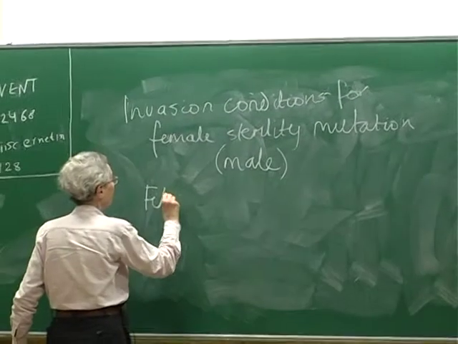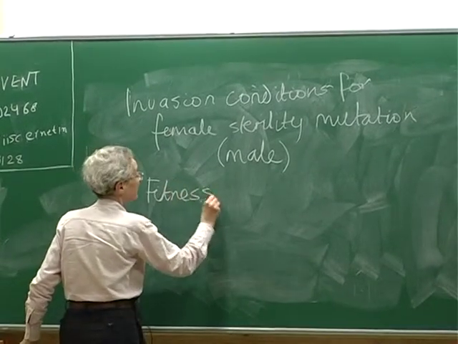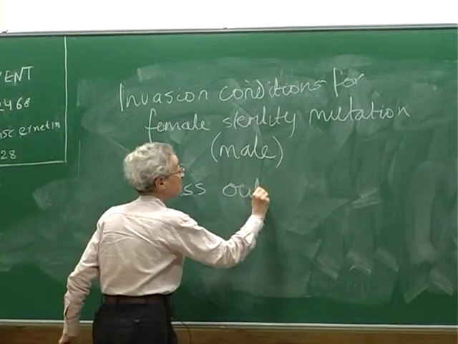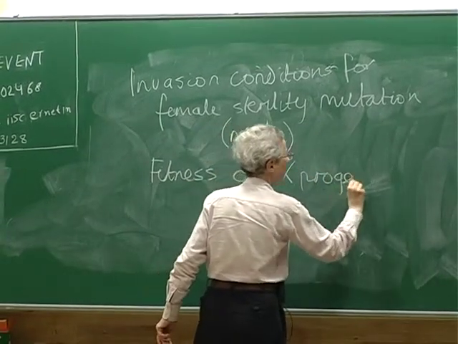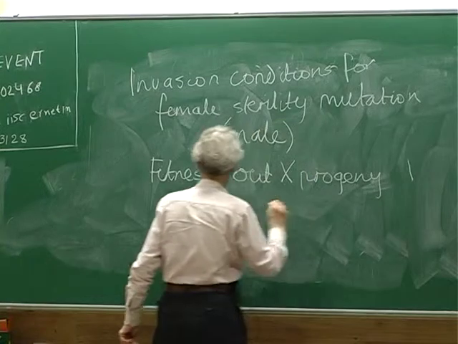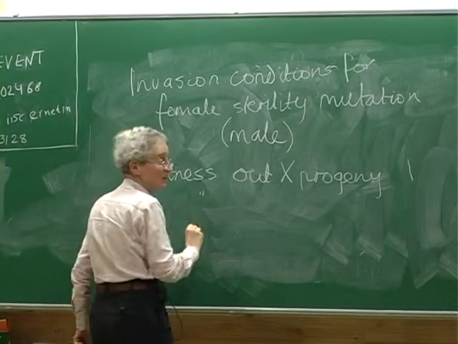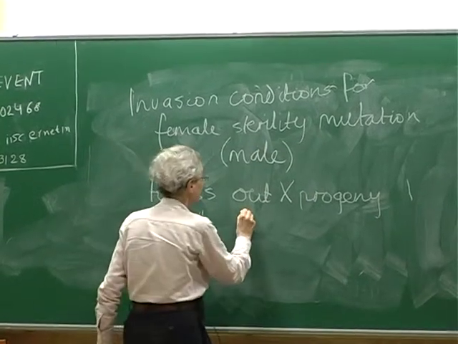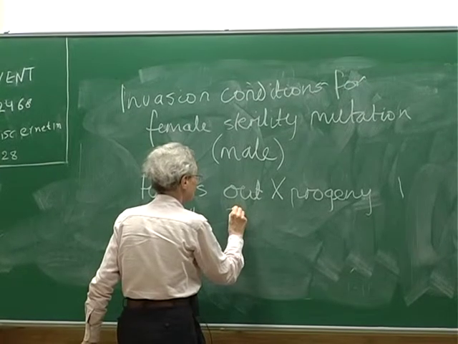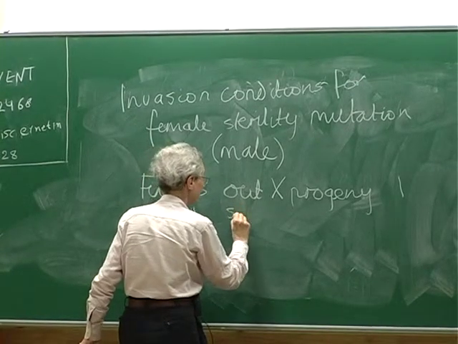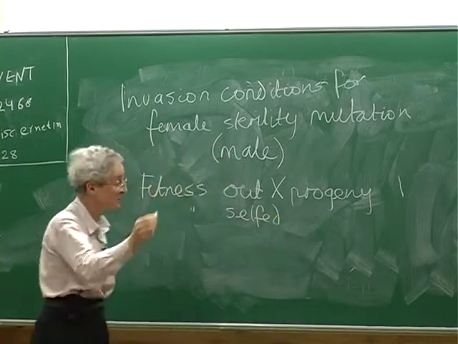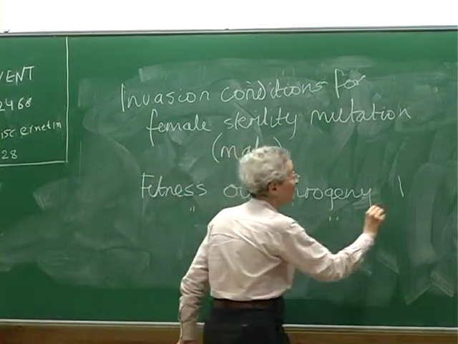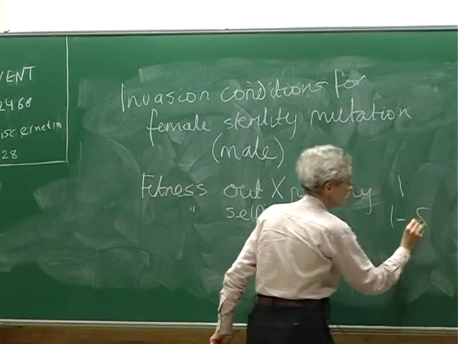The fitness of outcross progeny would be 1, and the fitness, which here we mean survival or something like that, of progeny from selfing, which we often call selfed progeny, would be lower. Like that.